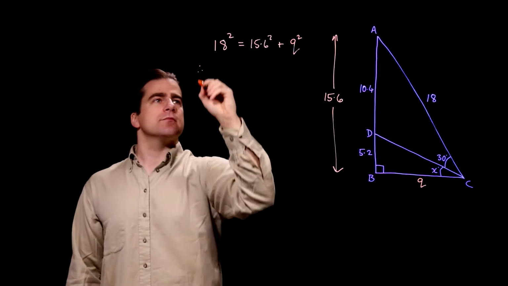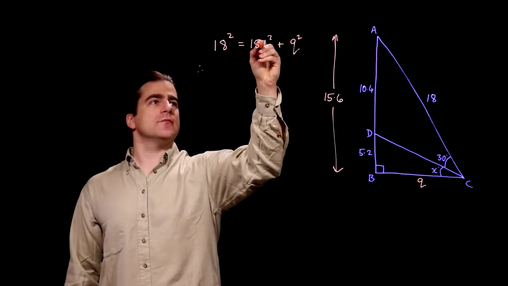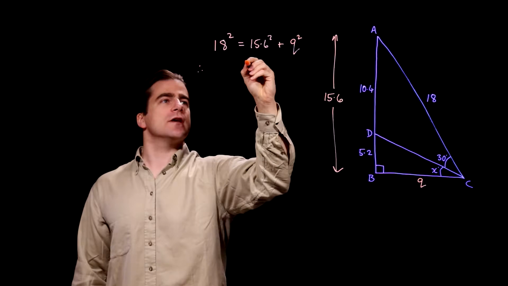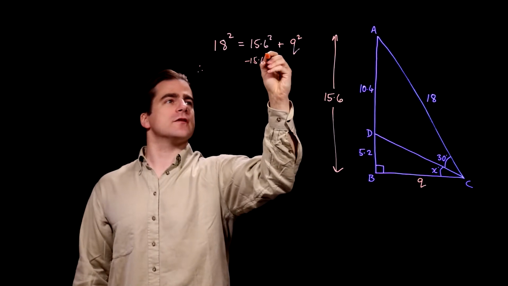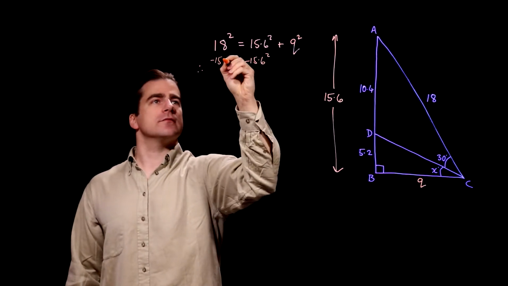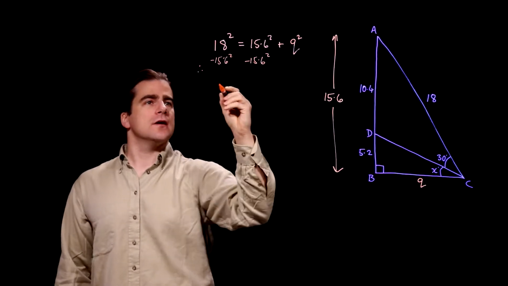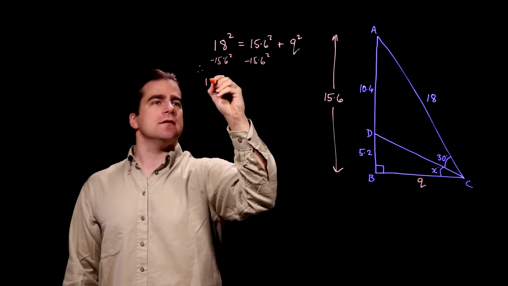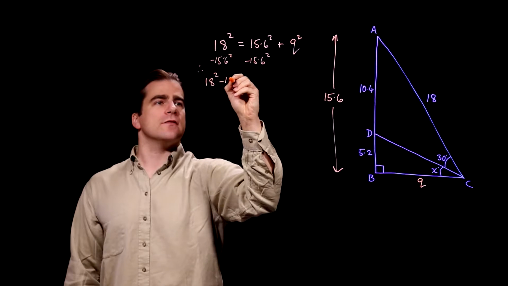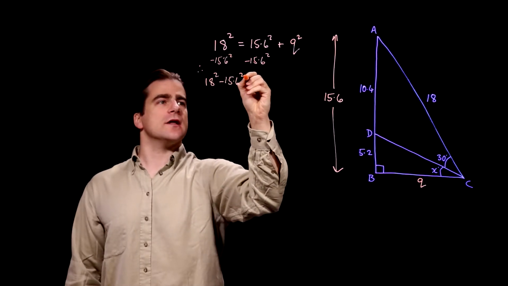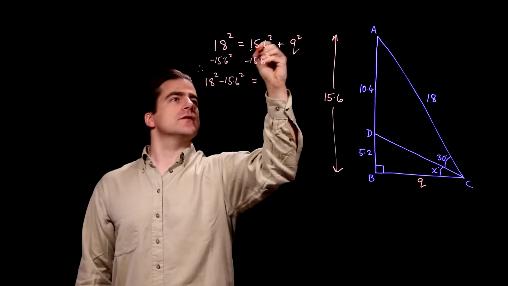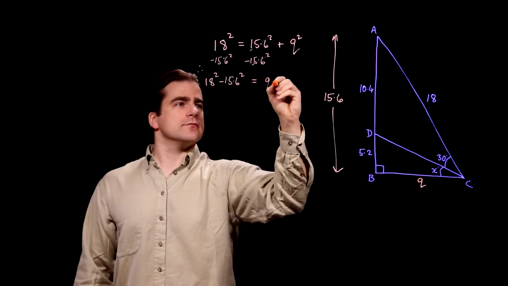Therefore, we want q squared by itself, so bring the 15.6 squared over here. So minus 15.6 squared from both sides. And we get 18 squared minus 15.6 squared is equal to q squared.